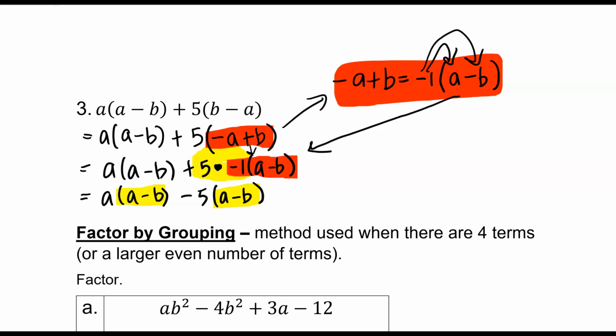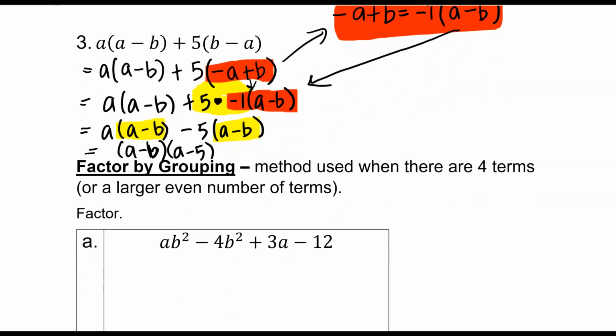So our final answer, once we take out A minus B, then we have A minus 5, and that is the final answer.